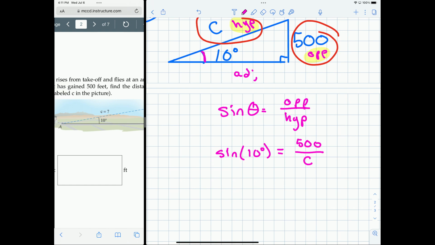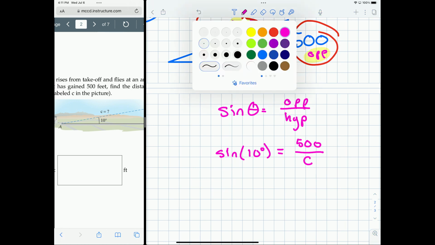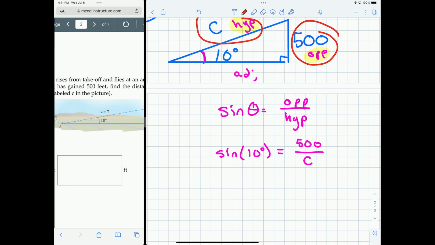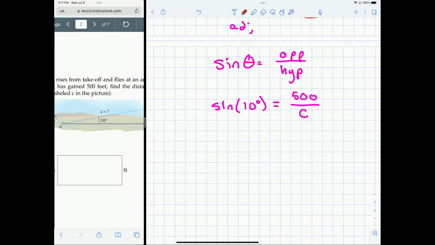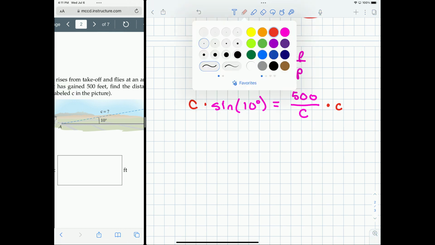Then you need to solve this for c. You can punch sine 10 degrees in a calculator if you want to, or you can wait until the end. I'm going to wait till the end and then punch it in. I need to solve this for c, so I'll multiply by c on the left and over here. That makes it cancel.